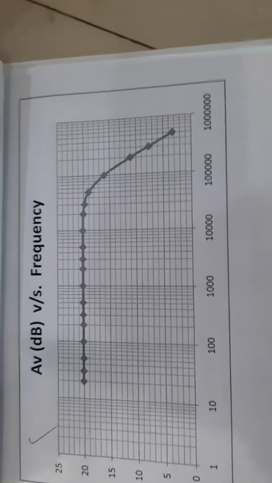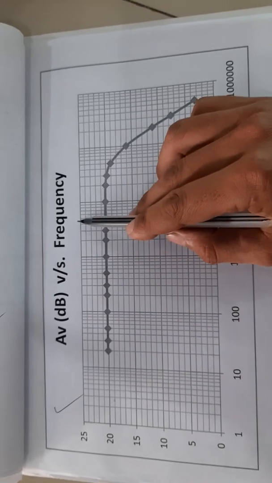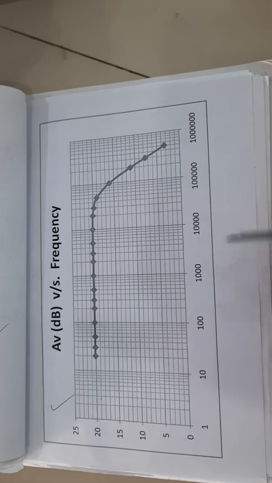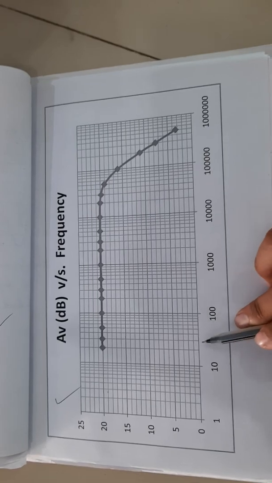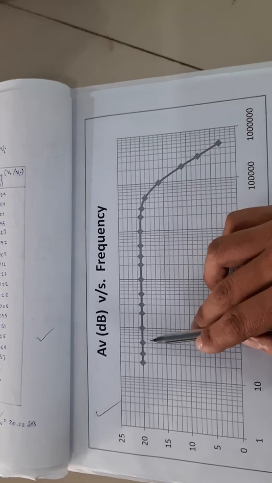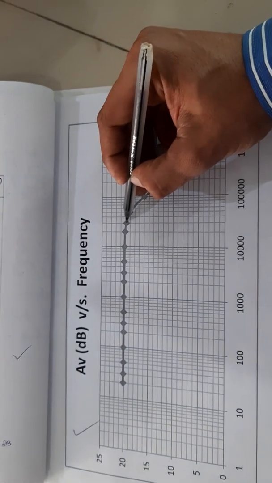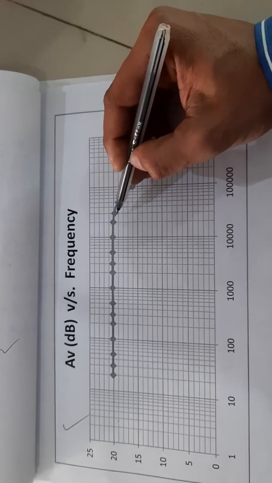You have to plot the graph, that is AV versus frequency. AV is nothing but the gain which you have obtained for different frequencies, versus the frequency. Now remember, this is a semi-log graph paper. Starting from 20 hertz, you can find at some point, at some frequency, the amplitude of the amplifier, that is the output voltage, starts to drop.